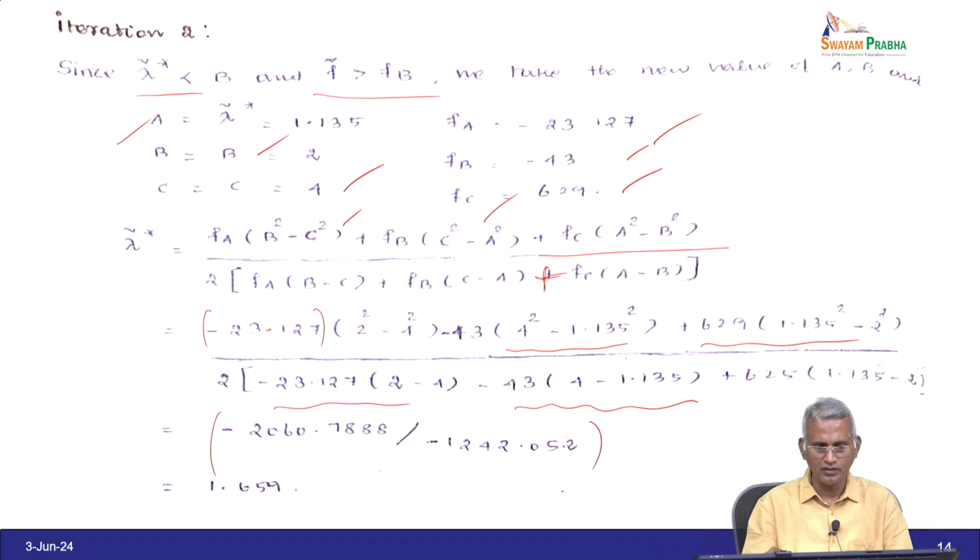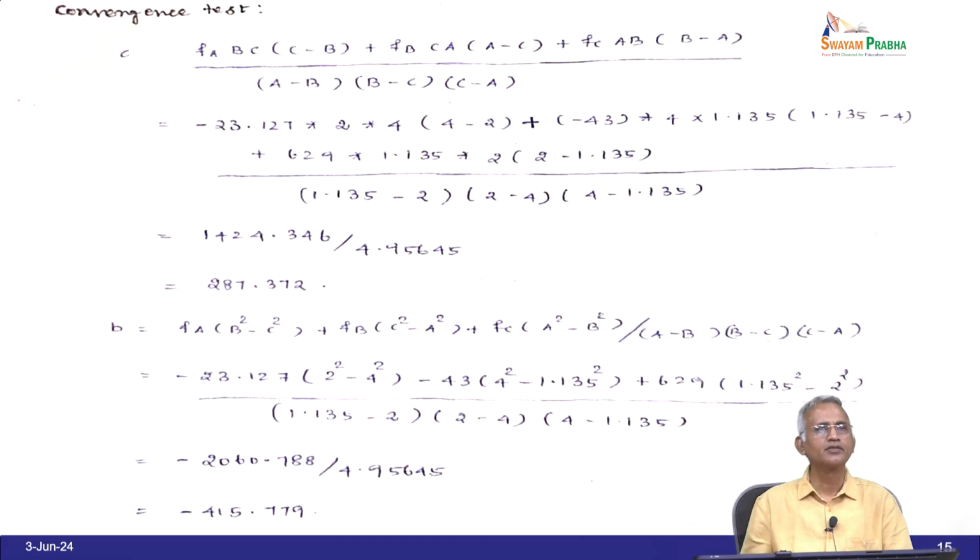So, we have minus 2060.7888 divided by minus 12,442.052. Divide them, we have 1.659 will come.